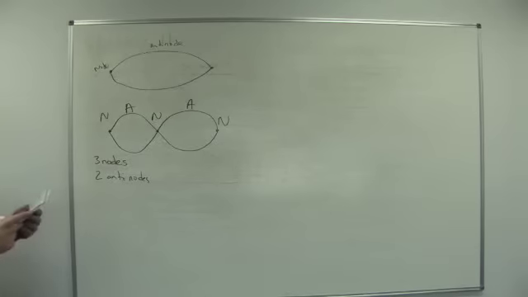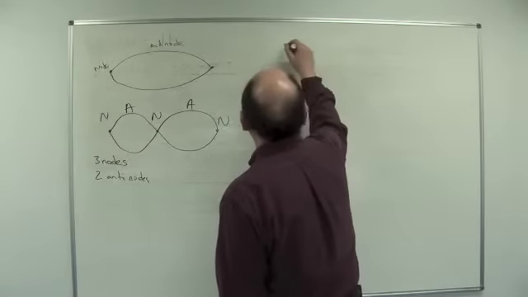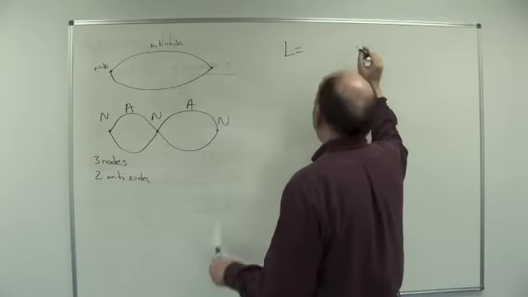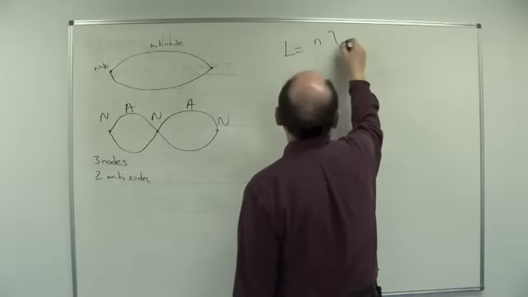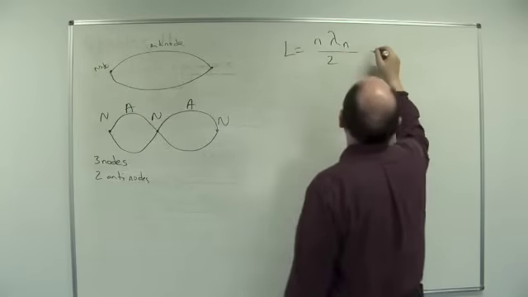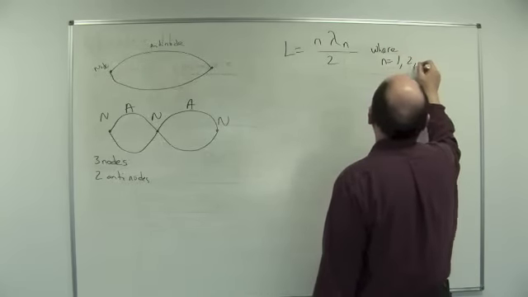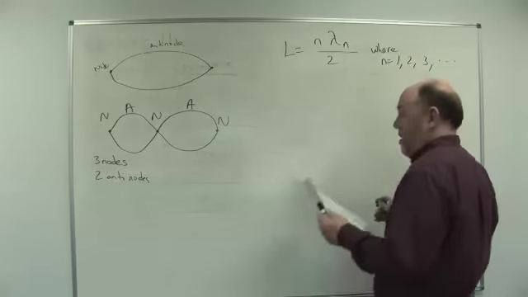In regards to this, the length L of the wire is going to be given by N times the wavelength of N divided by 2, where N has to be an integer. So N has to equal 1, 2, 3, and so on.